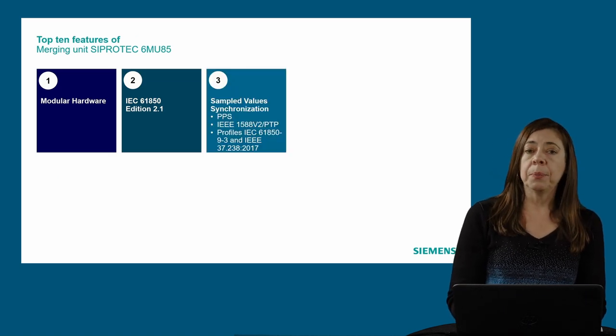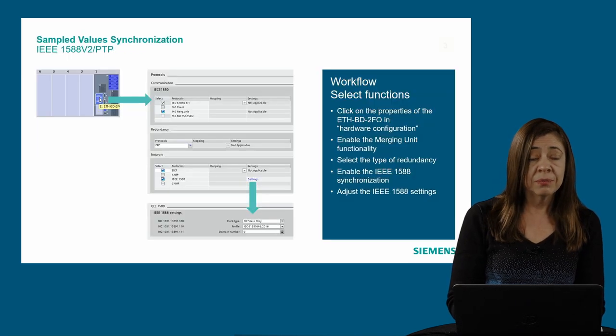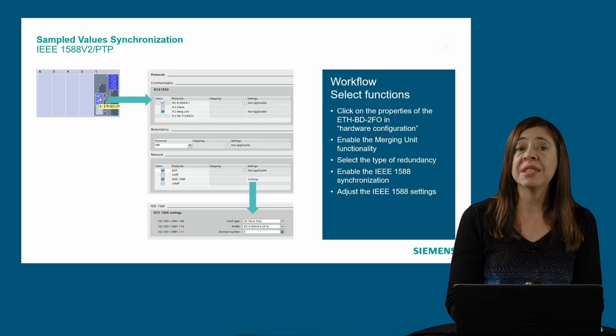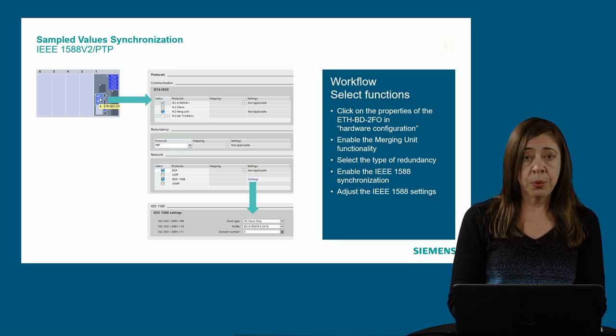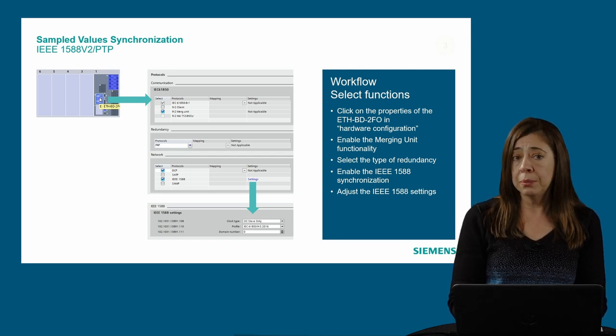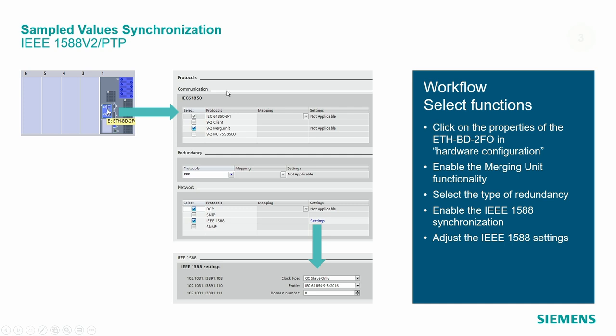Third top feature, the sample value synchronization. It is really simple to decide if you want to use the PTP protocol, the precision time protocol. In this case, you can enable it in the same communication module. And it's really fast. You enable it with only a click, and then you can go to the respective settings.